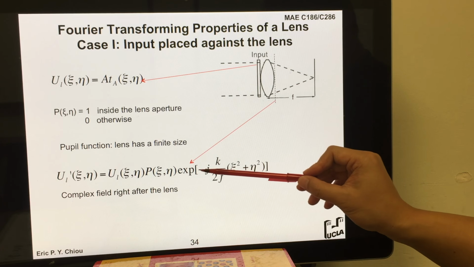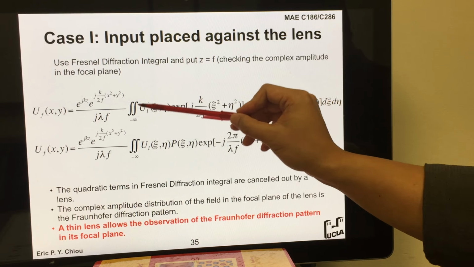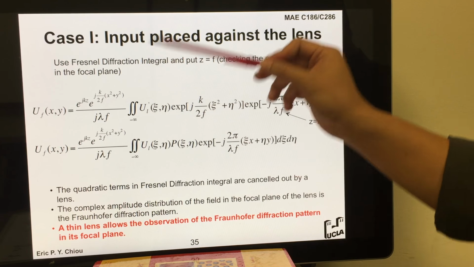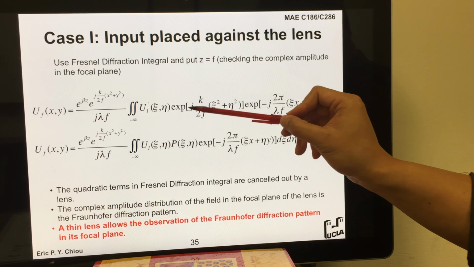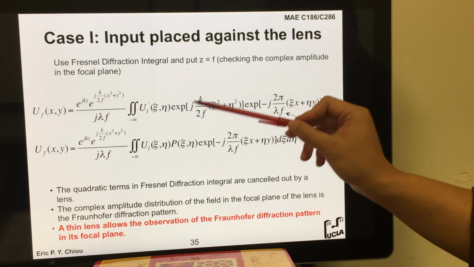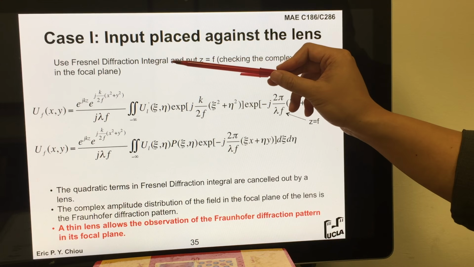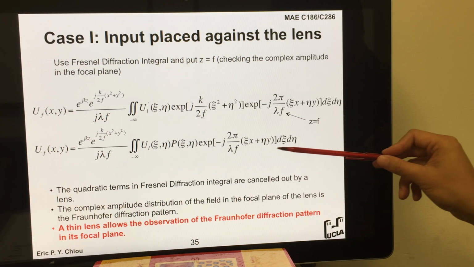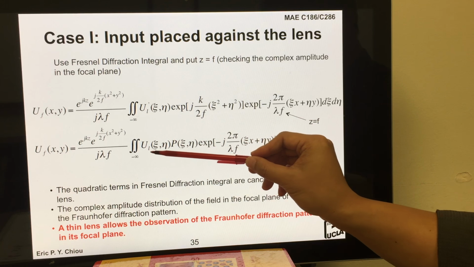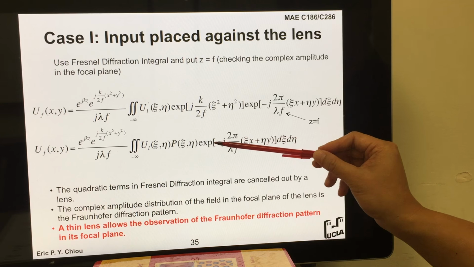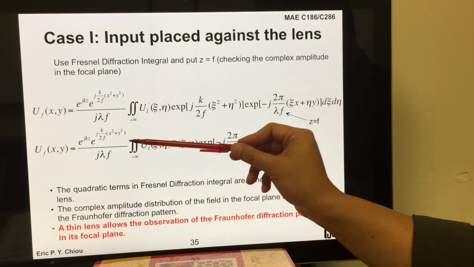This phase term has a negative sign here, and if you plug in this UL prime into the previous function, that negative sign of the phase term will cancel out this term. So your Fresnel diffraction integral now becomes like this. It's the input function and its Fourier transform. So what's this? This is exactly the Fraunhofer diffraction pattern.